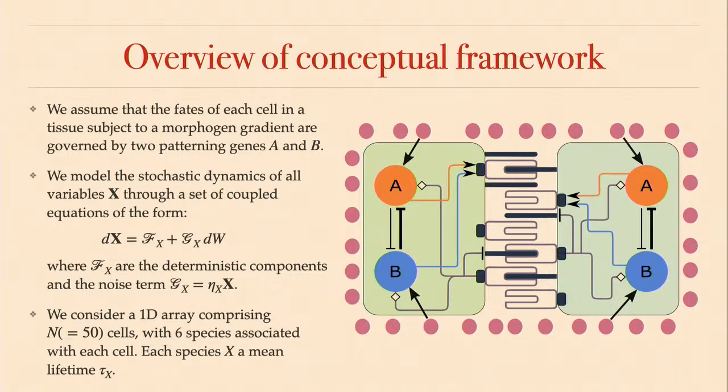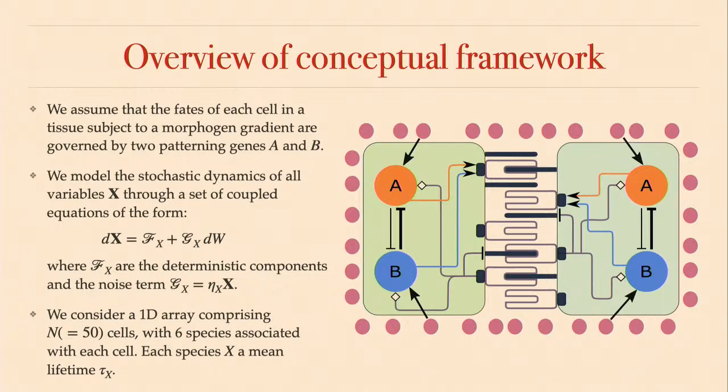So if species X is high, you're going to have a high fluctuation; if it's low, lower, and so on. That's the way we incorporate the noise. When we do simulations, once again, over an array of cells, here we're taking 50 cells.